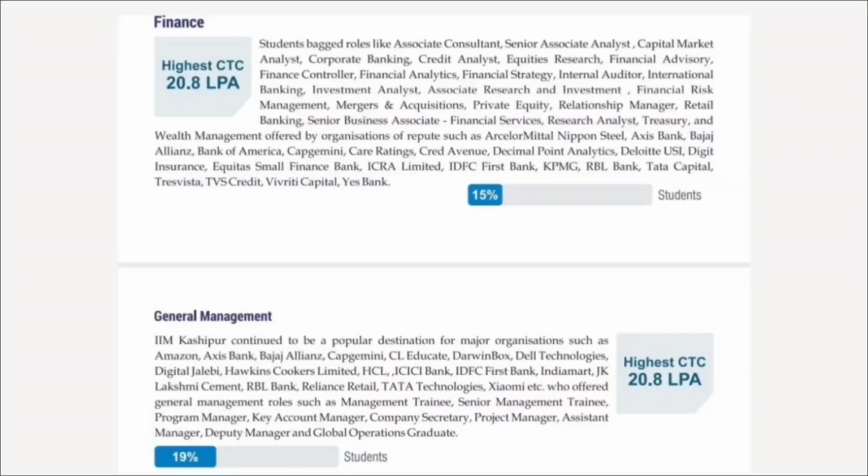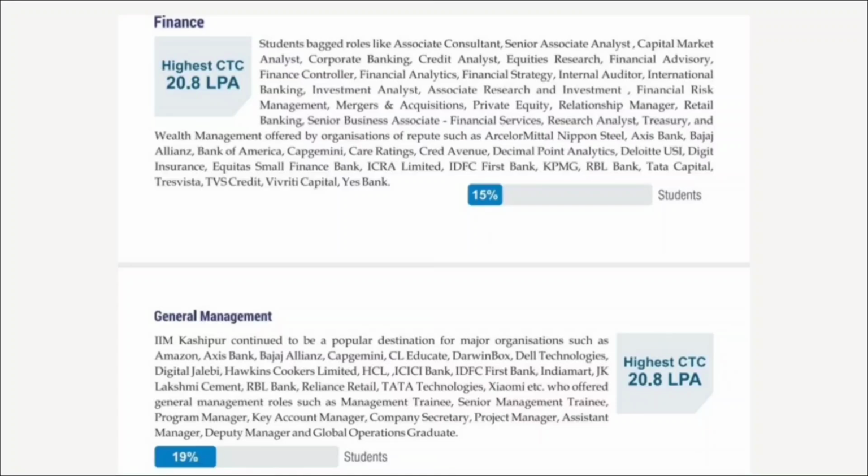Then coming to the next domain, finance. There were 15% students placed for this domain, and the highest CTC offered for finance is nearly up to 20.8 lakhs per annum. The top recruiters for the finance domain are ICRA Limited, IDFC First Bank, KPMG, RBL Bank, Tata Capital, TVS Credit, S Bank, and there are so many companies.